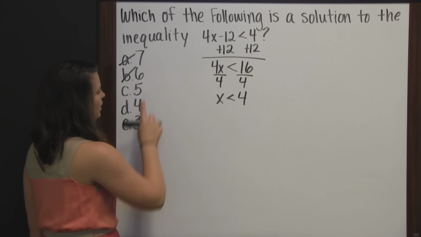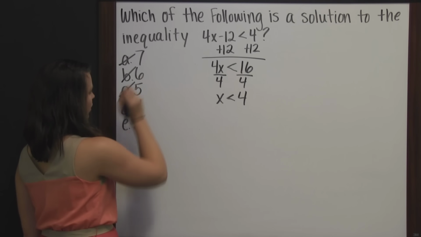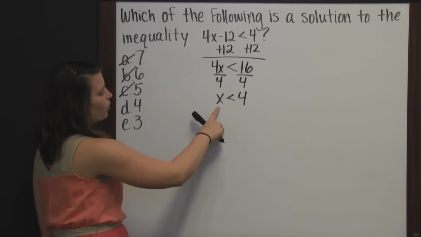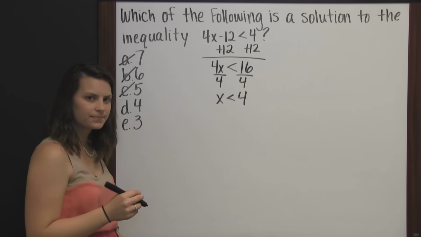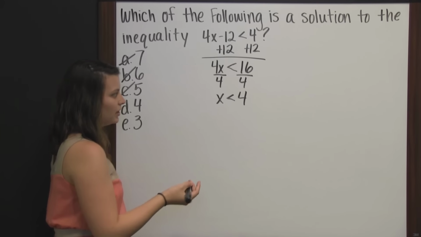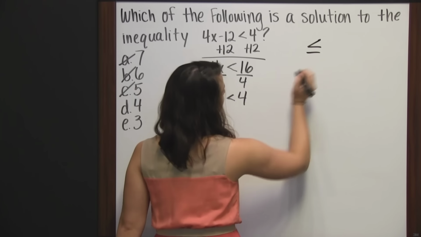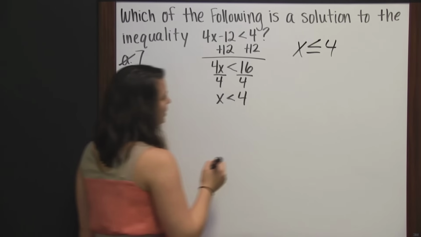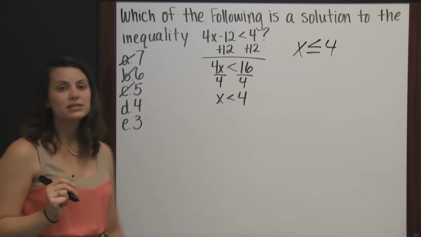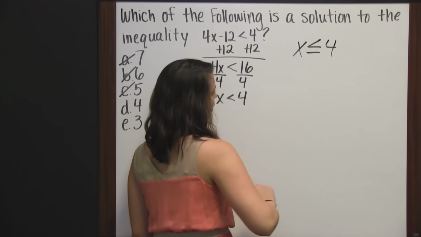No. Is 5 less than 4? No. What about 4? Is 4 less than 4? No. If this were a less than or equal to sign, if it said x is less than or equal to 4, then yes, 4 would be a solution because 4 is equal to 4.